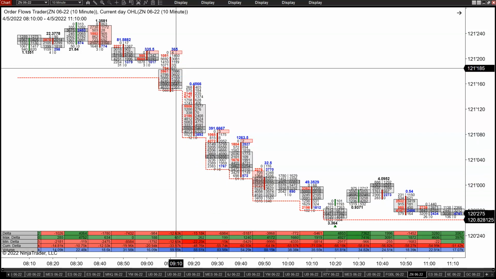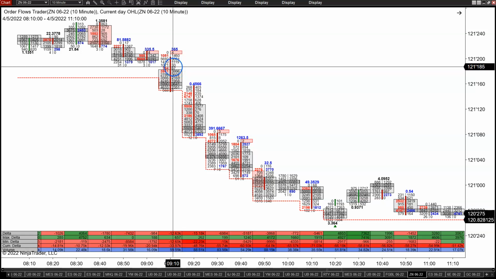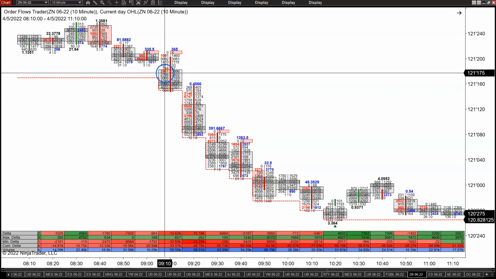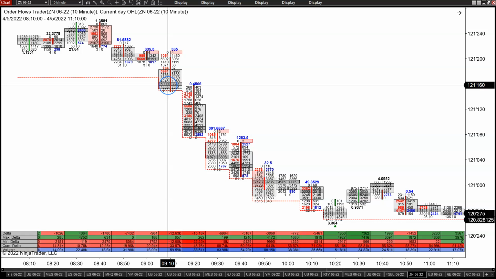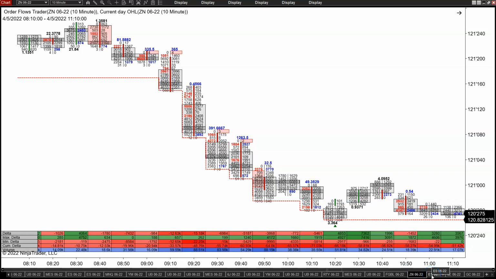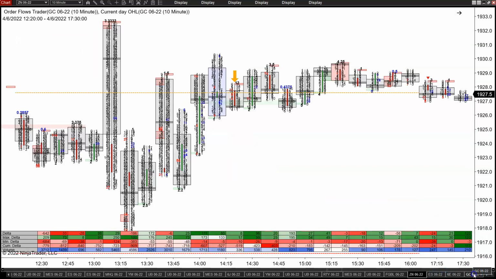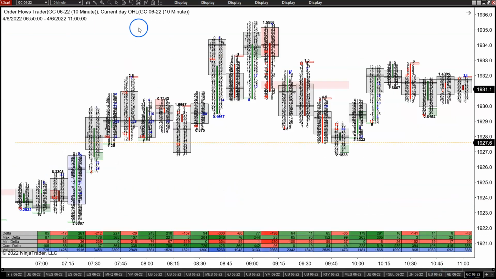33, 67. Now, again, what's a thin print in one market might be different than another market. 33 and 67 in the 10 years, when you're trading 3,000, 4,000, 5,000 at each price level, is considered a thin print. If you're in, say, gold, right? This is gold on a 10-minute chart.